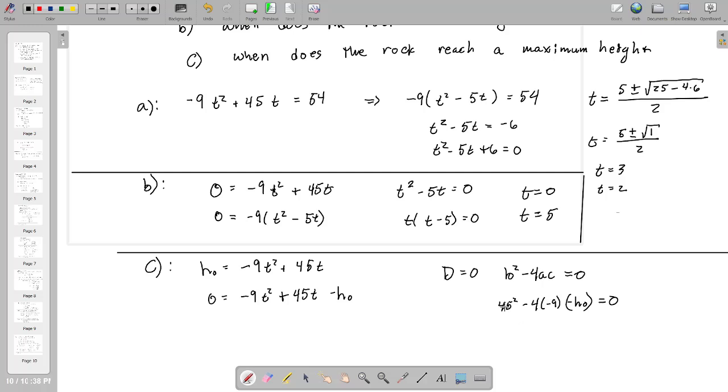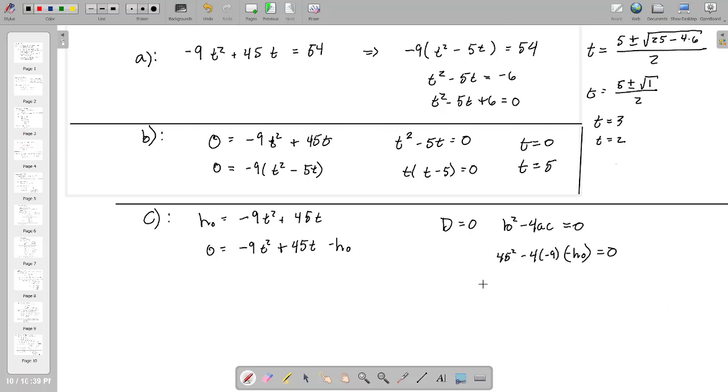We can subtract the 45 squared over. 45 squared is 2025. And then negative 4 times negative 9 is 36, and then times negative h sub 0 is 36 h sub 0. It's equal to 0.